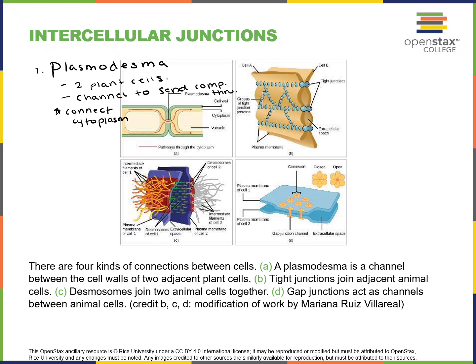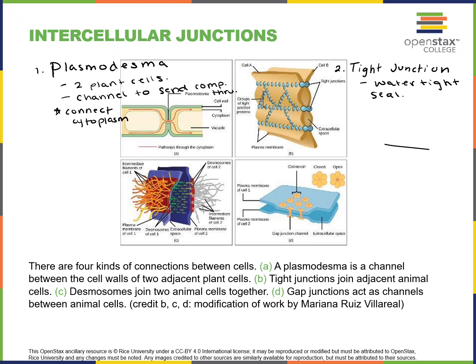The second is going to be a tight junction. Okay, and a tight junction, this is a watertight seal. It doesn't really let anything go.